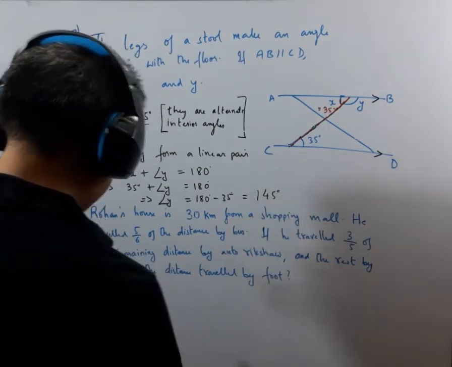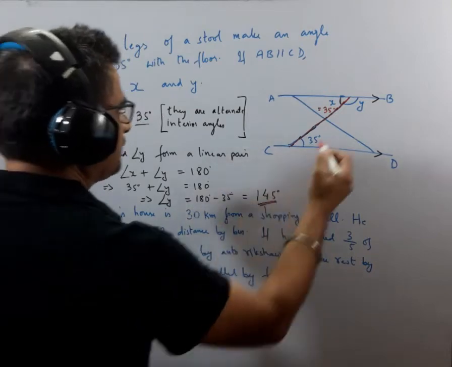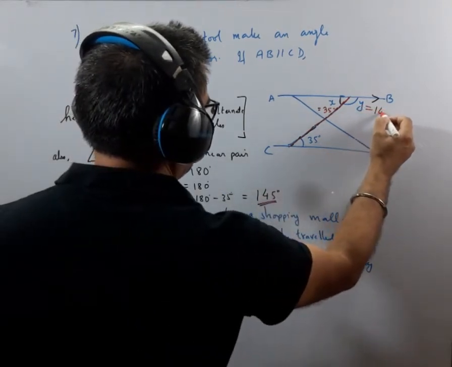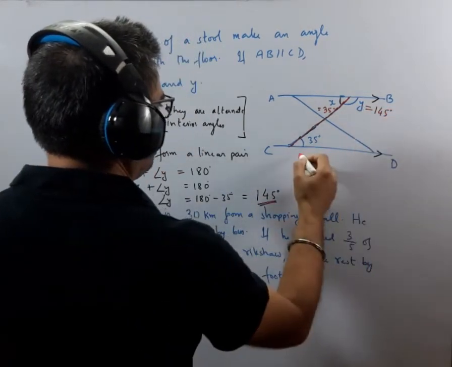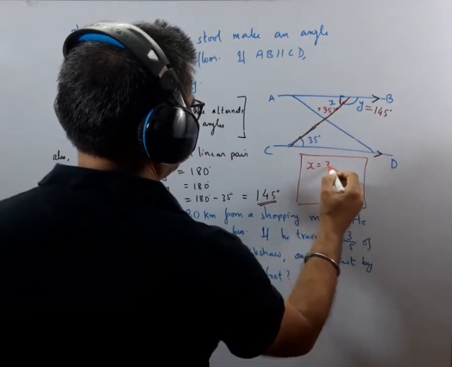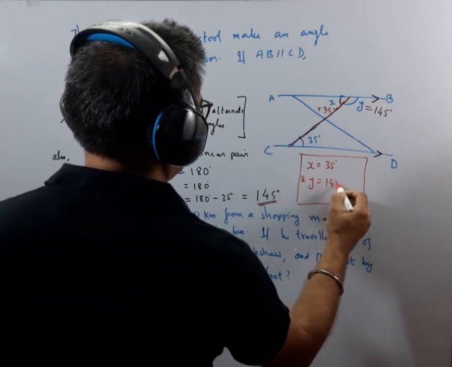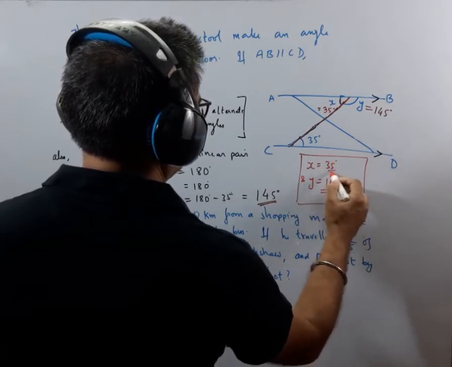That's the answer. So angle Y is equal to 145 degrees. Overall, X is equal to 35 degrees and Y is equal to 145 degrees is the answer.